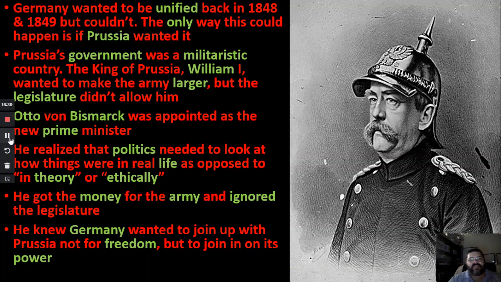Because the thing is, the North German Confederate, they wanted to unify with Prussia in 1848 and 1849. They tried their hardest, but they couldn't because again, Prussia was pretty strong. They could take care of themselves. They didn't need anybody. And they knew they couldn't be forced to join if they didn't want to. Now, Prussia's government was very militaristic.